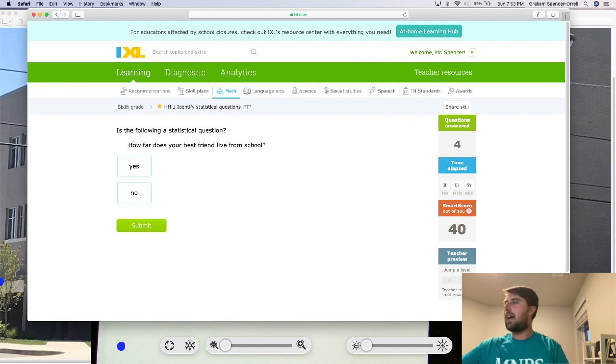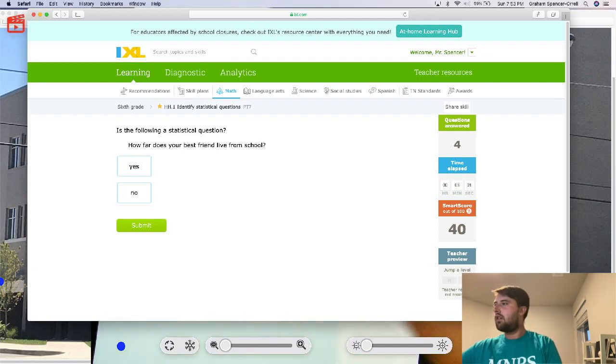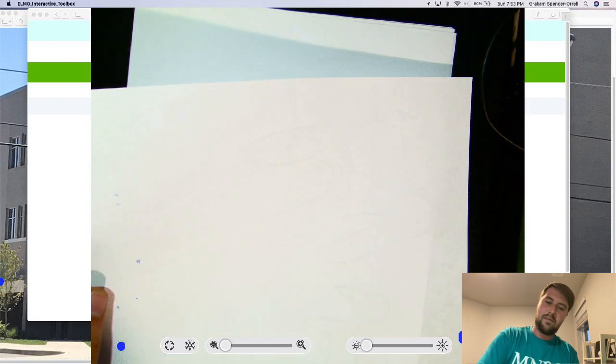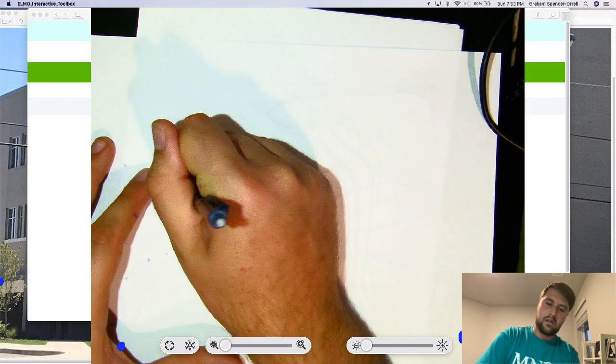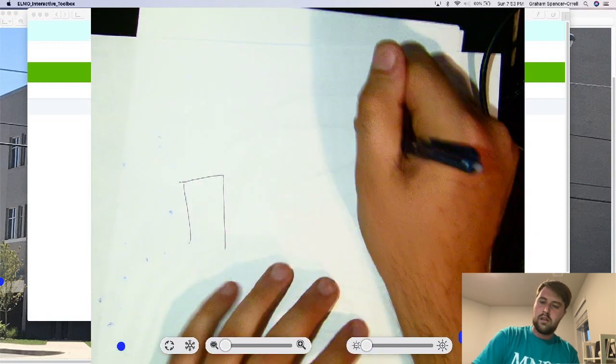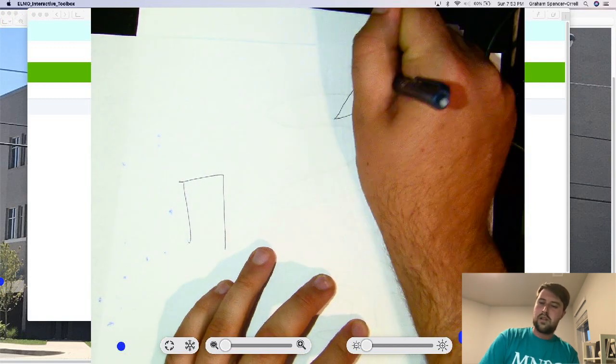All right, how far does my best friend live from school? Okay, I'm going to jump back to my little map here. I clicked the wrong thing. I'm so sorry. I'm going to draw a little map. Here's Goodlettsville Middle. There's Mr. Barton's house.